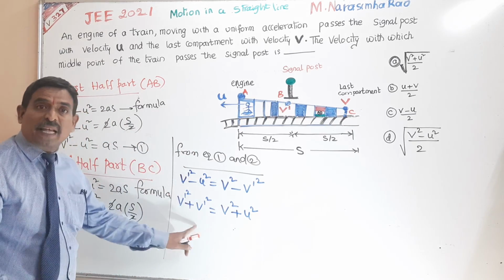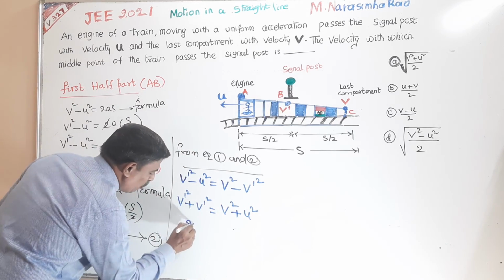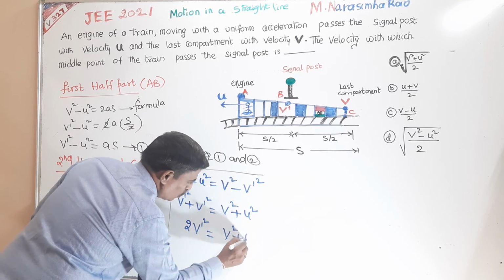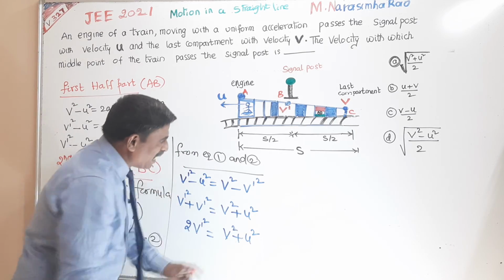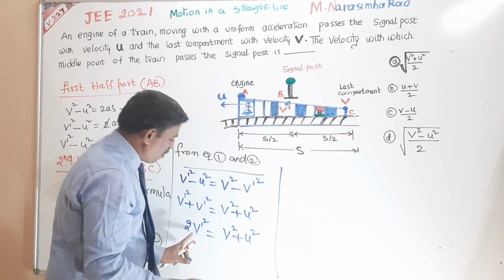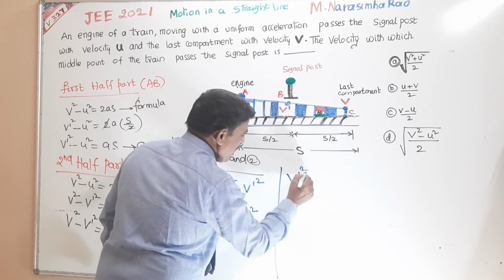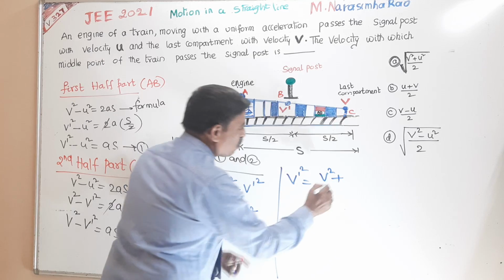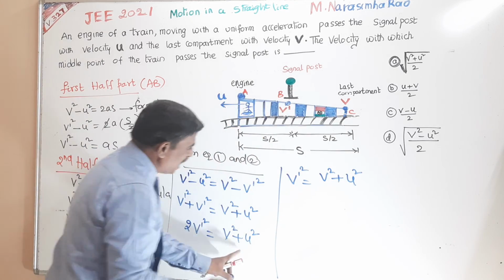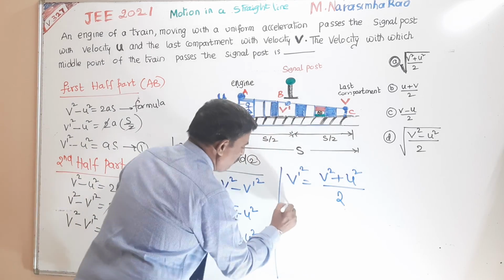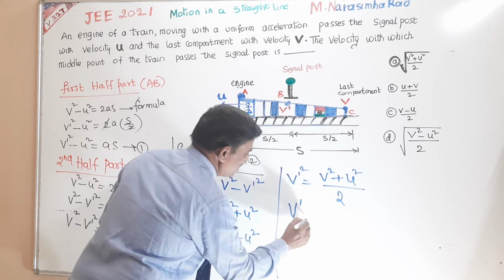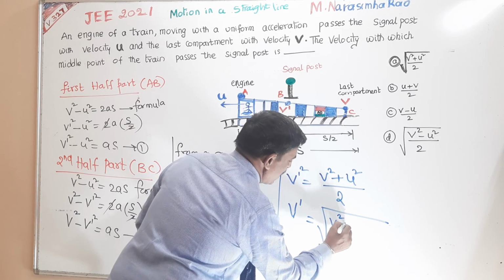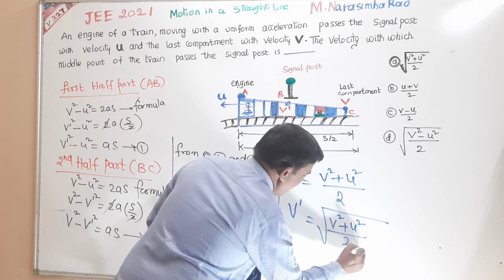So 2V dash square is equal to V square plus u square. The 2 comes to the denominator: V dash square is equal to V square plus u square divided by 2. V dash is equal to the square root of V square plus u square divided by 2.